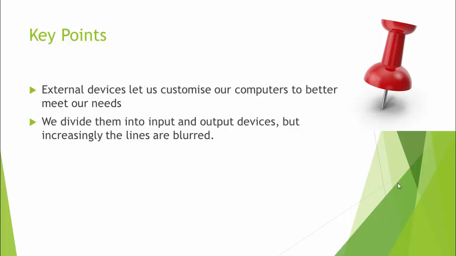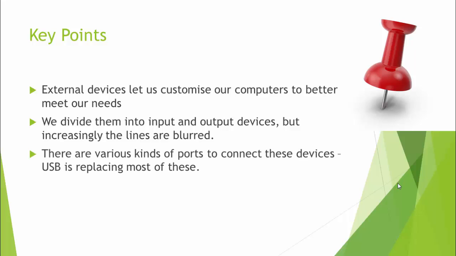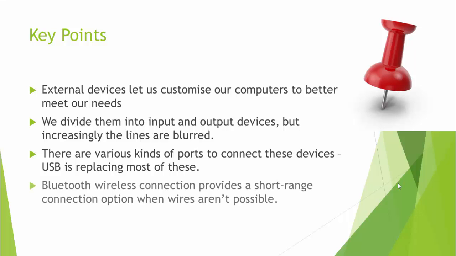Many different devices now are both input and output. There are lots of kinds of ports to connect these devices. Typically, they were in the past specialized for a given application area. USB is replacing most of these now. And for times when wired connections aren't desirable, we have Bluetooth wireless connection as a short-range option.